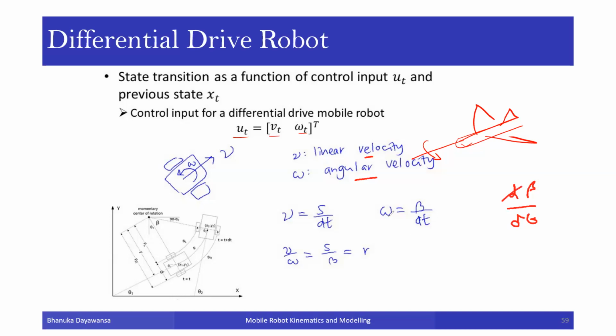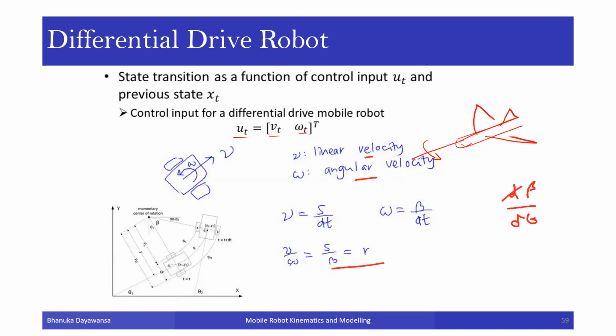That rate of change of angle is angular velocity, omega, and the rate of change of the linear direction is ds over dt, that's v. So we can simply substitute this into r, giving r equals v over omega.